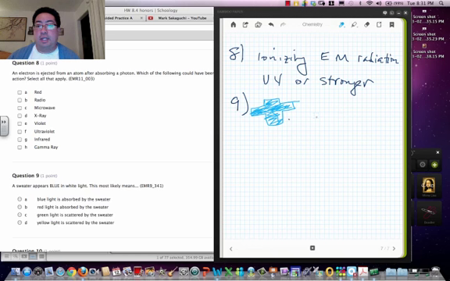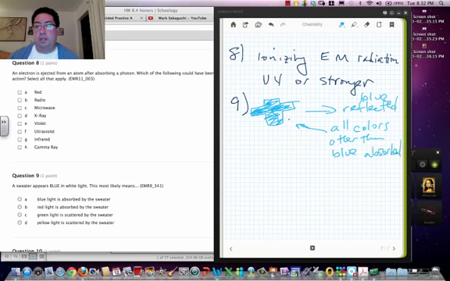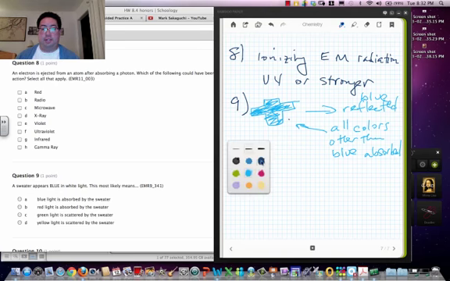Again, the idea here is that blue is reflected, and all other colors other than blue are absorbed. Hopefully you'll be able to figure it out from there. There's no scattering or anything crazy like that that goes on.